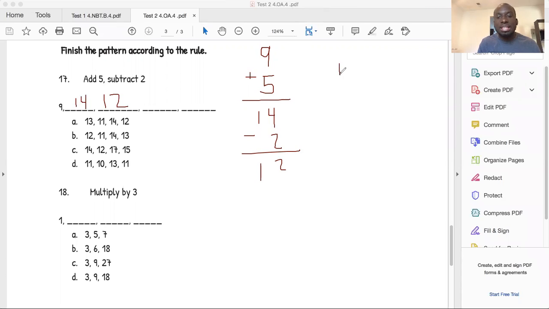Going back, I have to add 5. I get 17. 17 is my third number. Then I subtract 2, and I get 15.